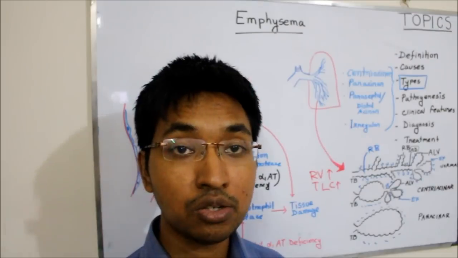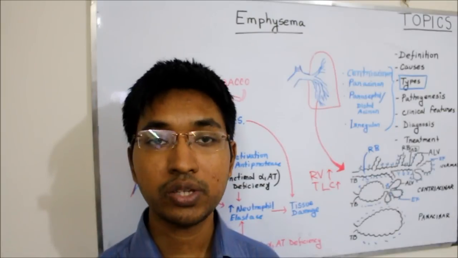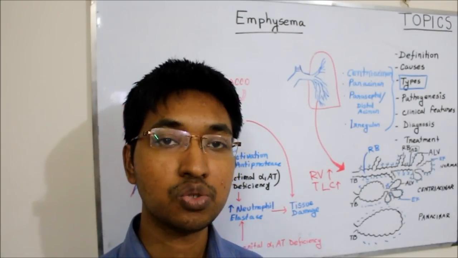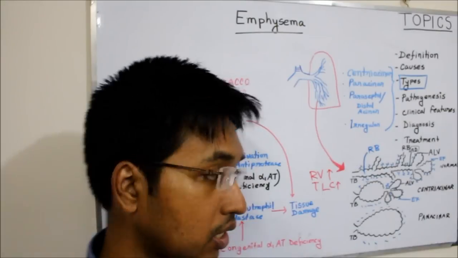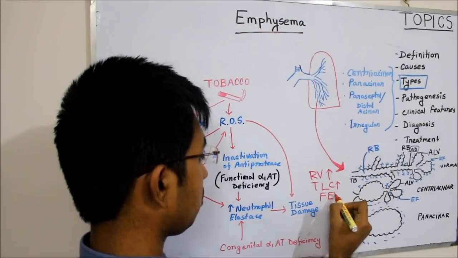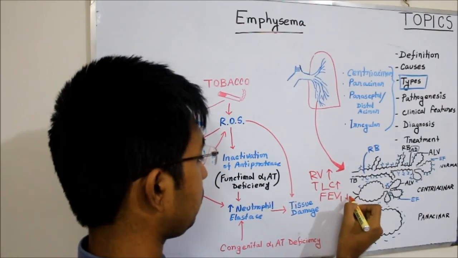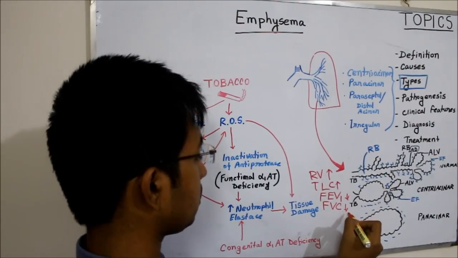Now what will happen to FEV1 and FVC? Recall that FEV1 means forced expiratory volume in the first second, and FEV1 will reduce. So FEV1 will be reduced, and so will FVC.